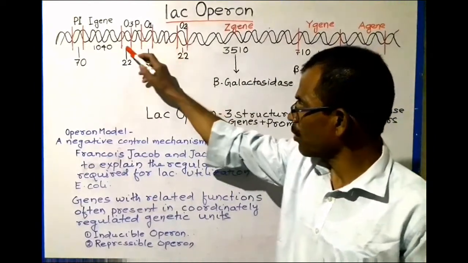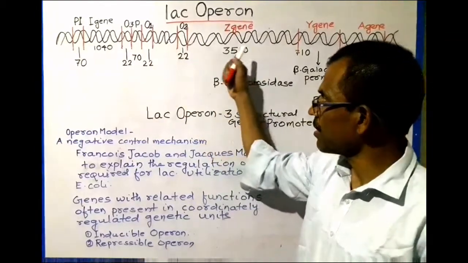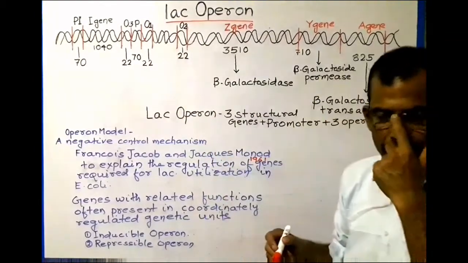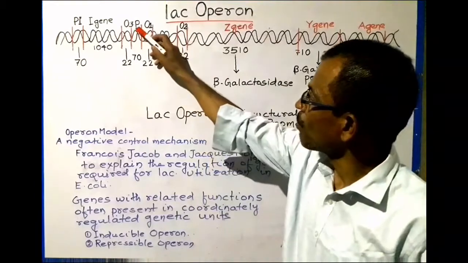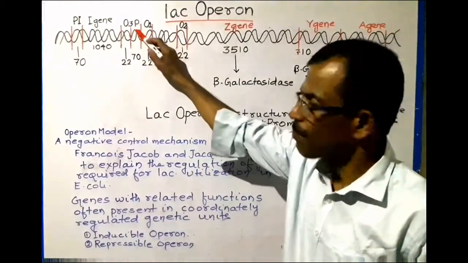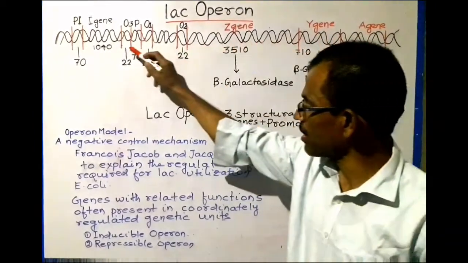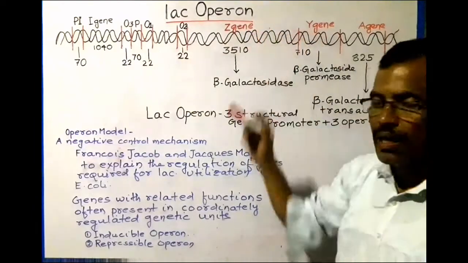Another specific region is promoter region. So three operator regions, one promoter region, and these three structural genes together constitute the LAC operon.